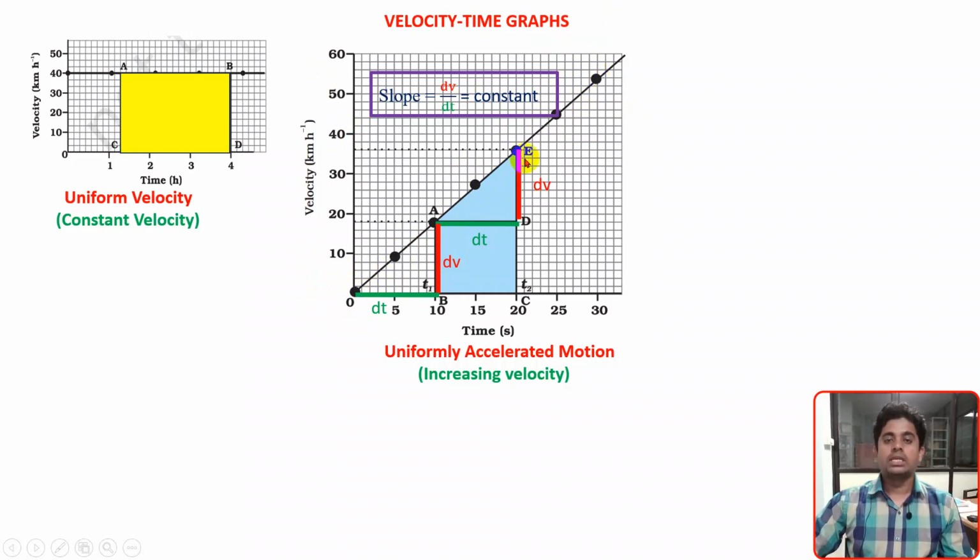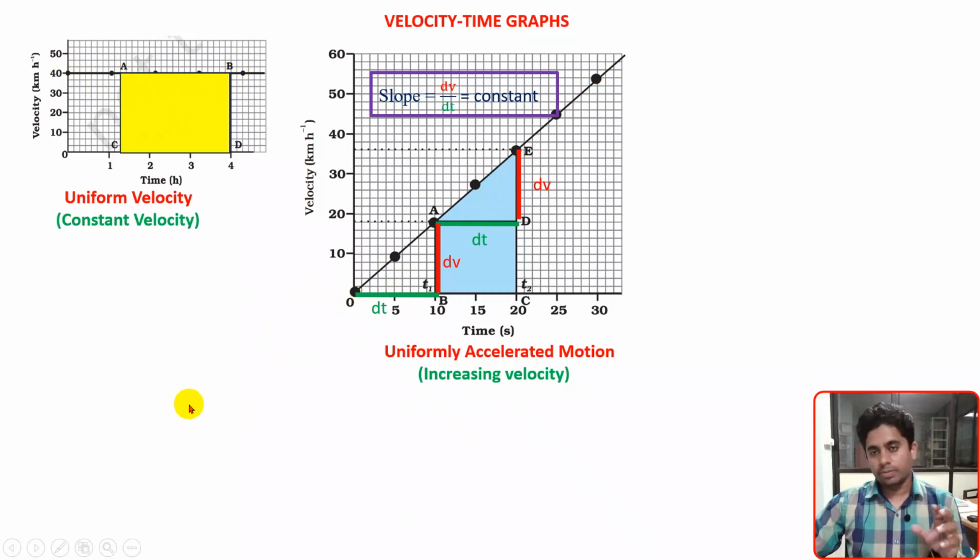That's why we say this is uniformly accelerated motion with increasing velocity. At any interval you take, the slope of this line, or the magnitude of the acceleration, will be constant. Here velocity is constant, here velocity is increasing.